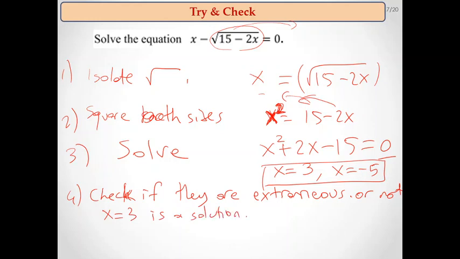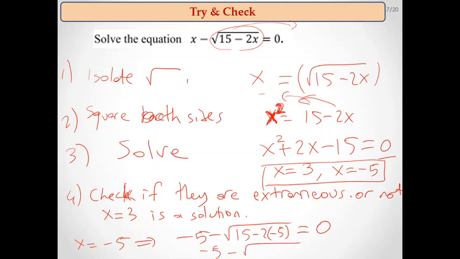Now let's check the other one. x equal to minus 5. Minus 5 minus square root of 15 minus 2 times minus 5 equal to 0. It's minus 5 minus square root of 25 here. So as you see, negative 10, which is not equal to 0. So this turns out to be an extraneous solution.